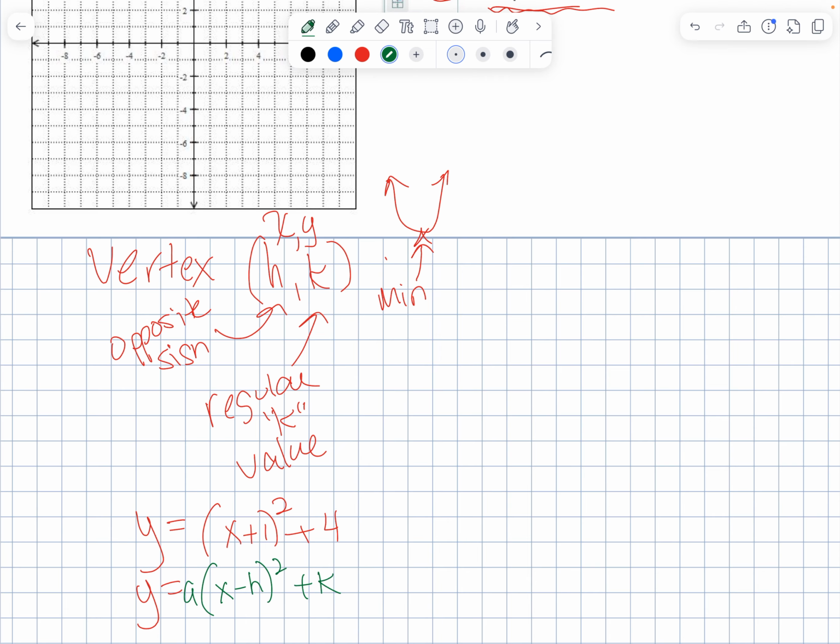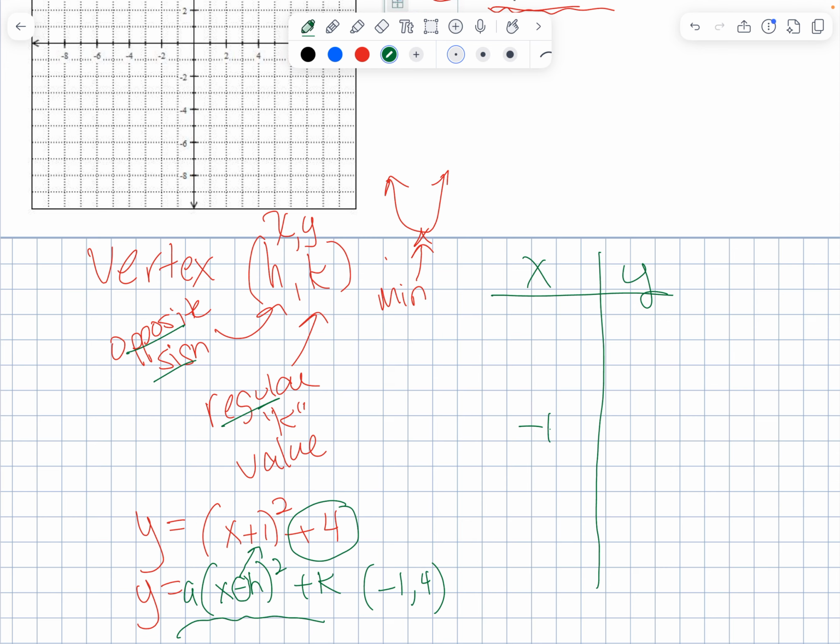Okay, so the reason it's the opposite sign for that x coordinate, which is your h value, is because there's a negative sign in your standard formula, and that negative sign is going to make that 1 be negative. So it's going to be a negative 1, and then your positive 4 is going to be your vertex. That's just the regular k value. So when we make a table, let's do this here.